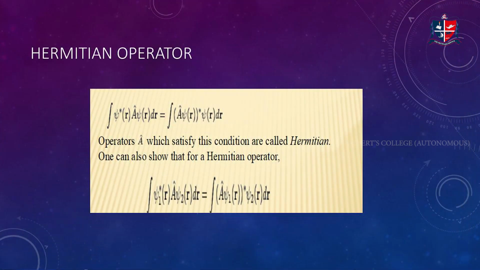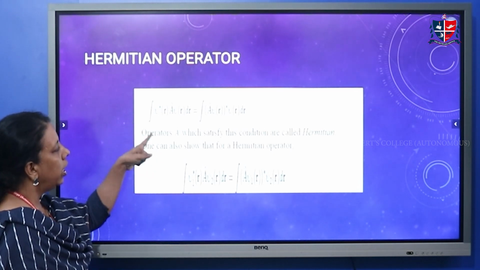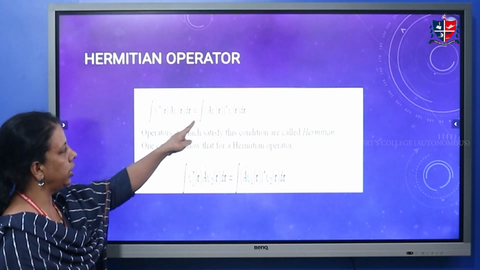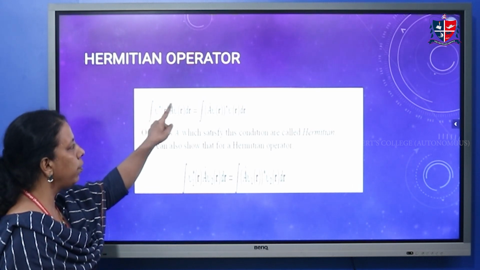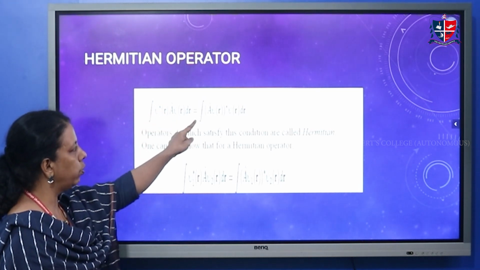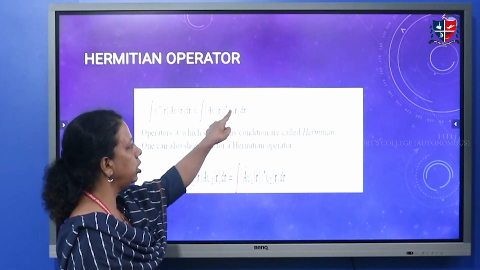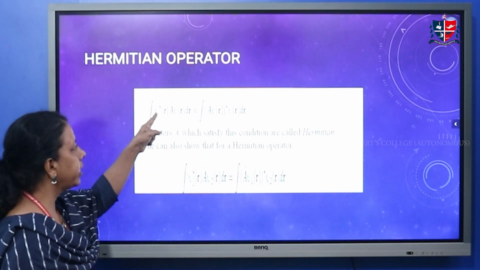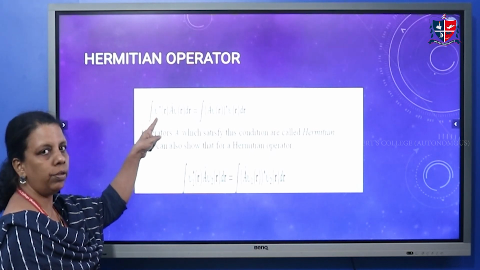Okay. Hermitian operator. An operator is said to be Hermitian if it satisfies this condition, that is, the integral of psi star times A cap of psi should be equal to the integral of A cap of psi times psi star. Here psi star represents the complex conjugate of the function.